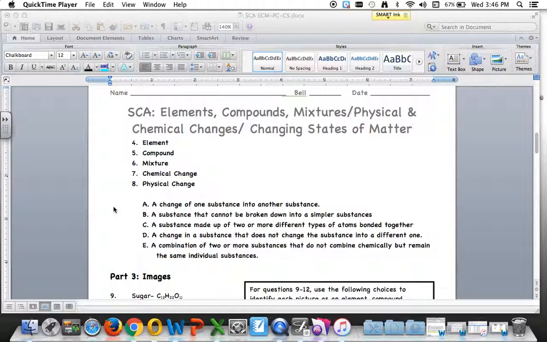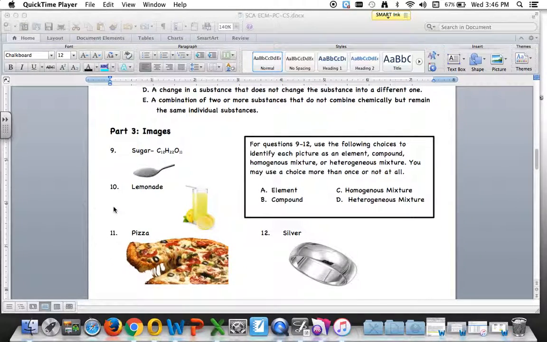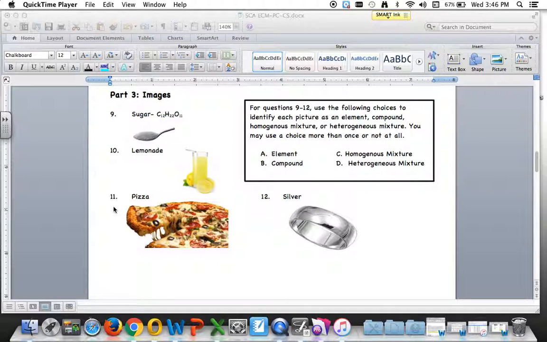Part 3, Images. For questions 9 through 12, use the following choices to identify each picture as an element, A, compound, B, homogeneous mixture, C, or D, heterogeneous mixture.